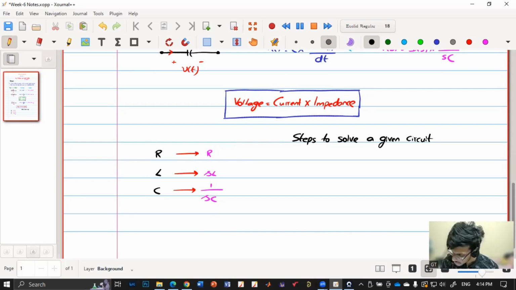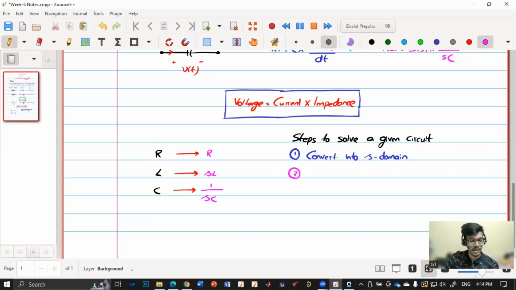The first step is, for any given circuit, you have to apply the Laplace transform and write everything in the Laplace domain. So convert everything into the S domain. Now we have converted everything into the S domain: voltage, current, the resistor, inductance, all the impedances, everything. Now we'll solve them algebraically.